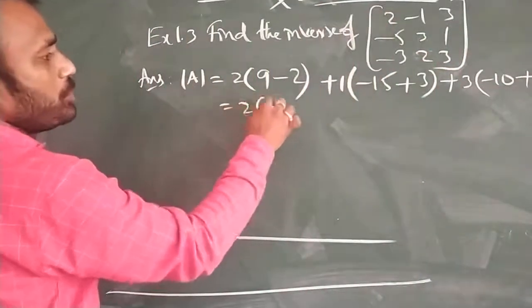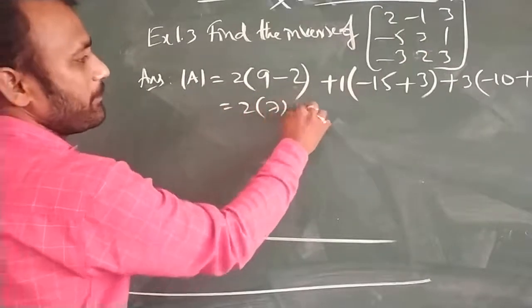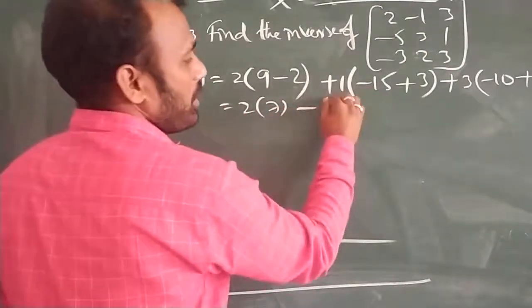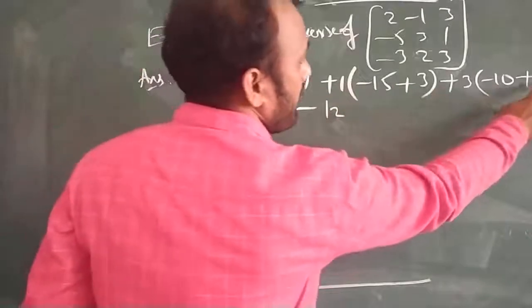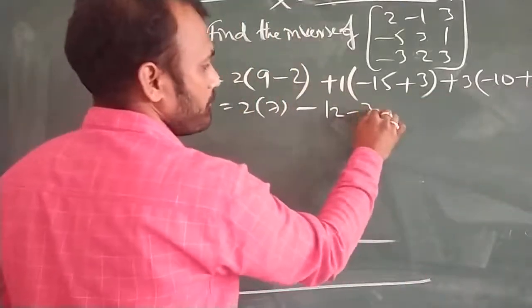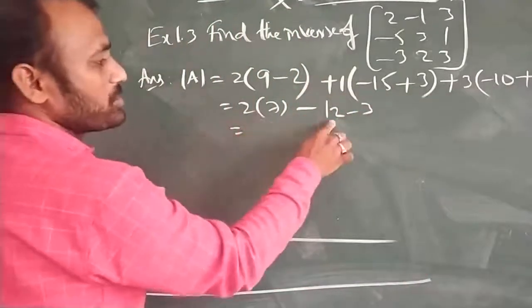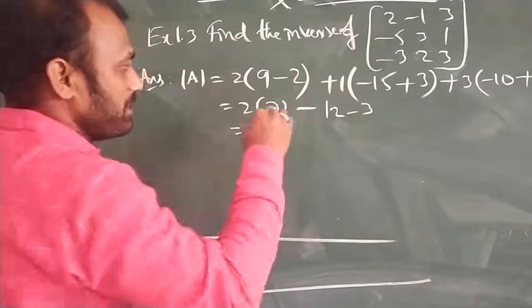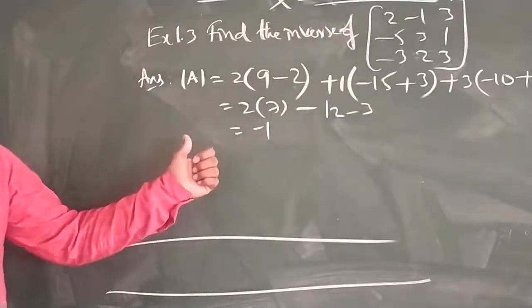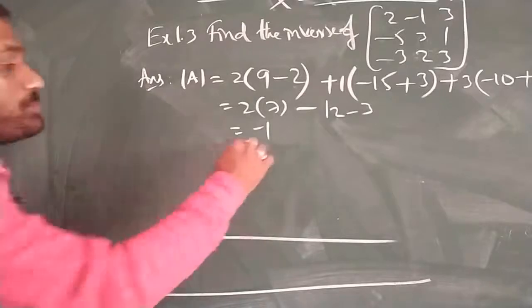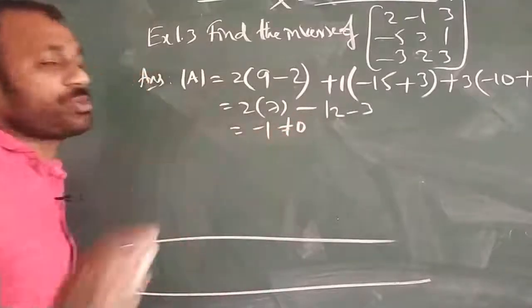So 2 into 7 is 14, minus 12, minus 3. 14 minus 12 is 2, 2 minus 3 is minus 1. So here we are getting the determinant of A as minus 1, which is not equal to 0. So definitely the inverse is going to exist.